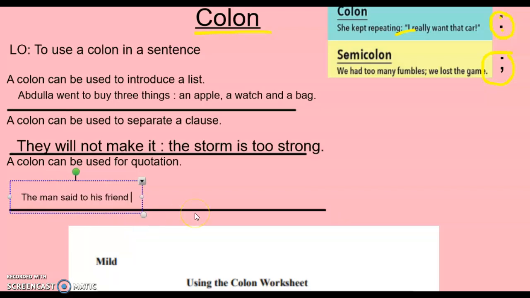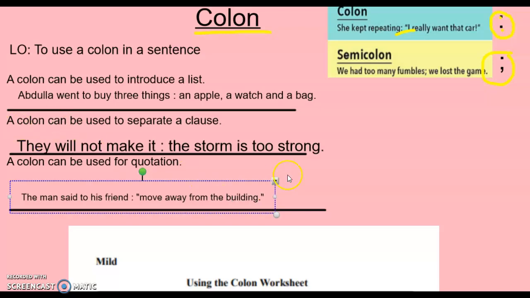The man said to his friend, colon, move away from the building. So I'd need my speech marks, open it, say it, punctuate it, close it. Okay? Oh, I've spelled building wrong. Always important to proofread your work. That doesn't need a capital letter, so I'll just change it there. So the man said to his friend, colon, move away from the building.